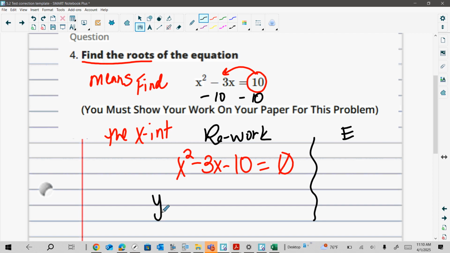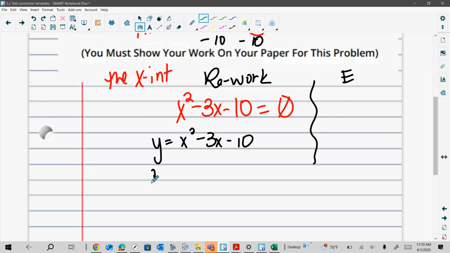So then you have to go to y and type in x squared minus 3x minus 10. Then you have to graph it and find the x-intercepts.